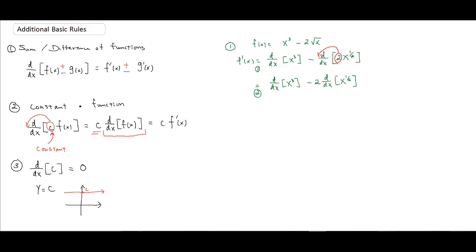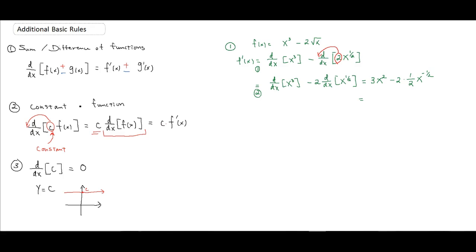So all I need to do is to differentiate each function using that power rule that we talked about. So the first one, x to the 3rd, 3 comes out, and the new exponent is going to be 3 minus 1, which is 2, minus 2 times, so let's see, x to the 1/2, so that 1/2 comes out, and x to the 1/2 minus 1 gives me negative 1/2.